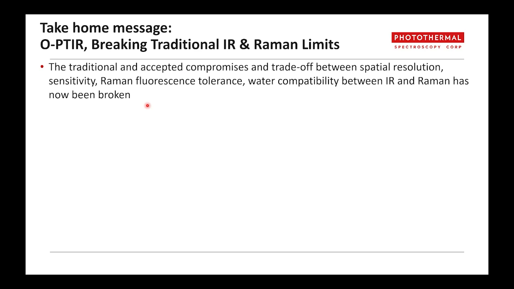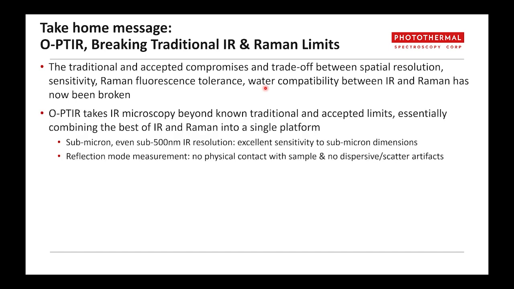You can now get the same Raman resolution with O-PTIR without any fluorescence interference. It's highly water compatible, as we've seen as well. With O-PTIR, we've taken the traditional IR spatial resolutions of 5, 10, 15 microns to submicron, even now sub 500 nanometers, all with excellent sensitivity.